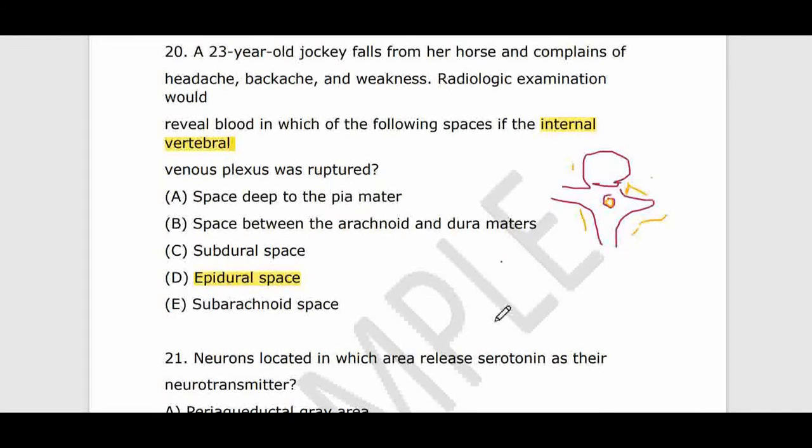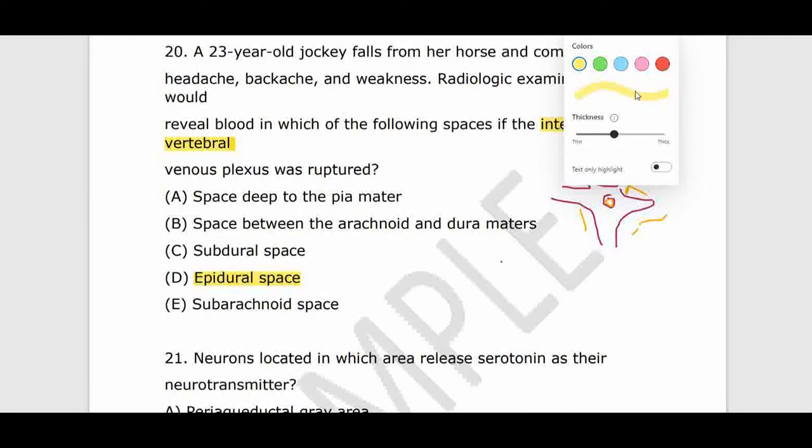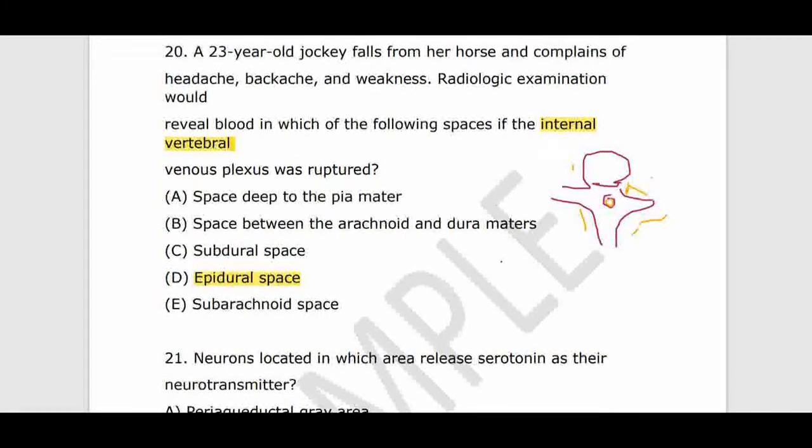So if you aspirate dark blood while doing a lumbar puncture, you should know you are getting it from the vertebral plexus, most likely internal. Another thing to remember is that this is also where you get what they call the valveless vein of Batson. Let me see if I can write that.